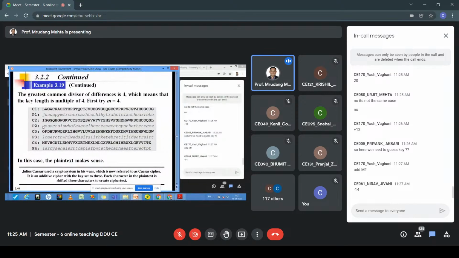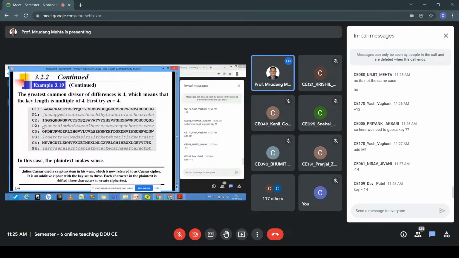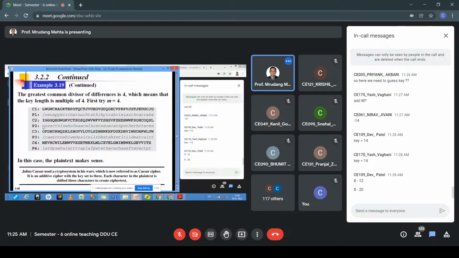Minus 14. What are you saying, Nirav? I value, key is 14. How are you calculating, Dev? 8 minus 12.